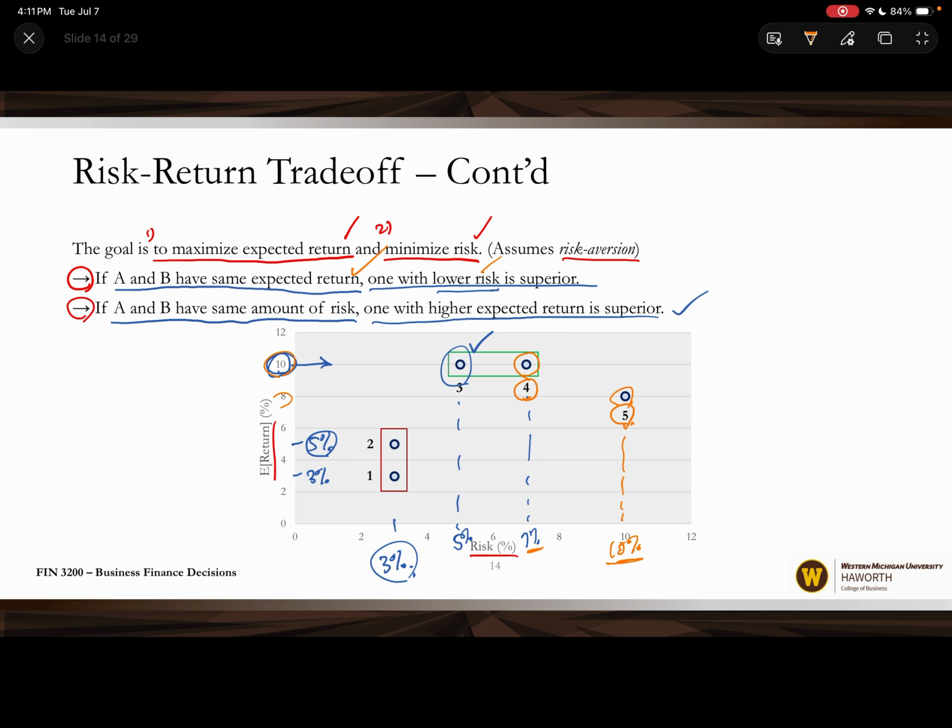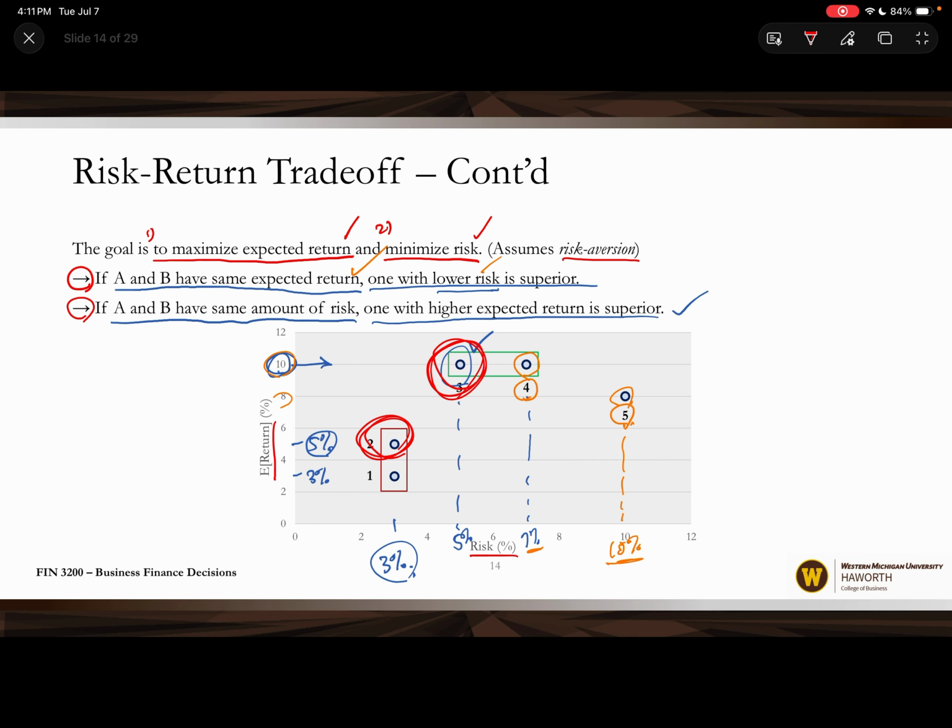How about this last one, which is a little bit more tricky. How about 2 and 3? This one, there's no clear answer.